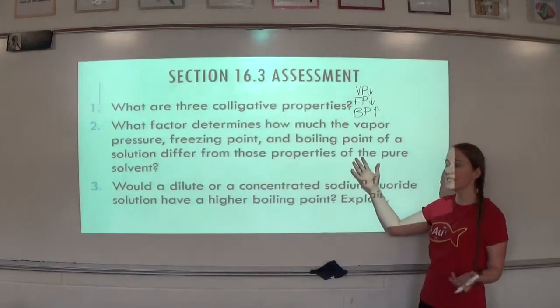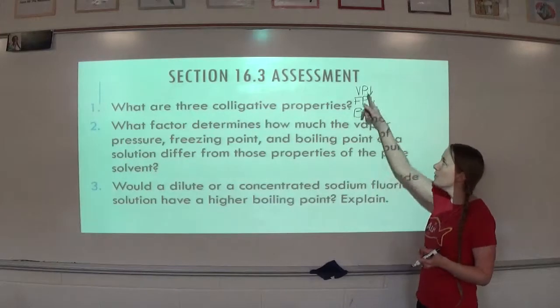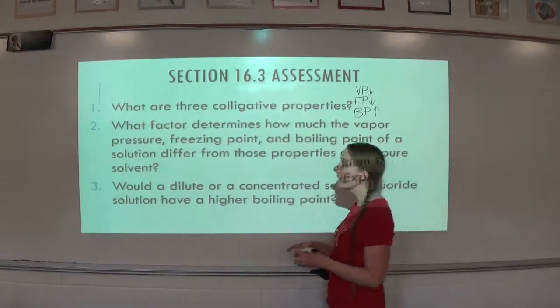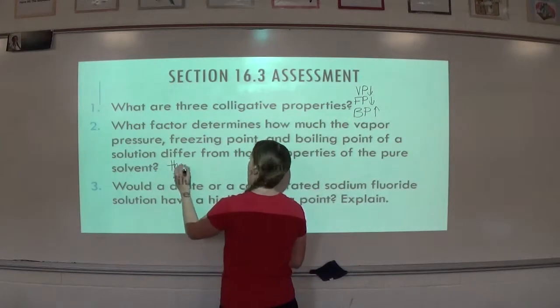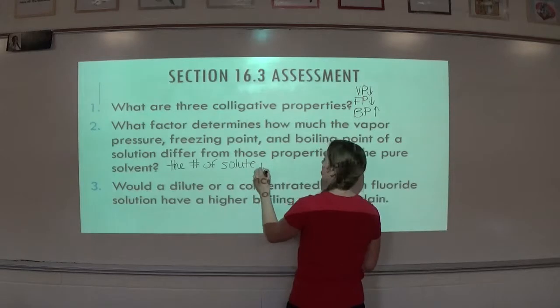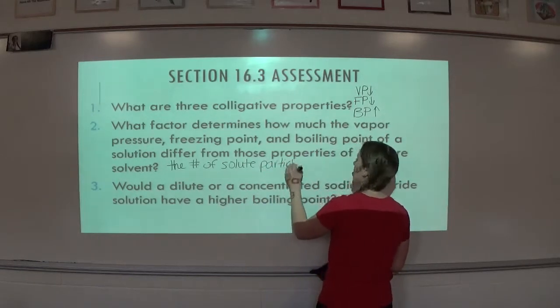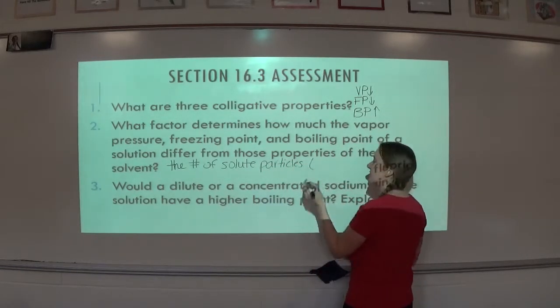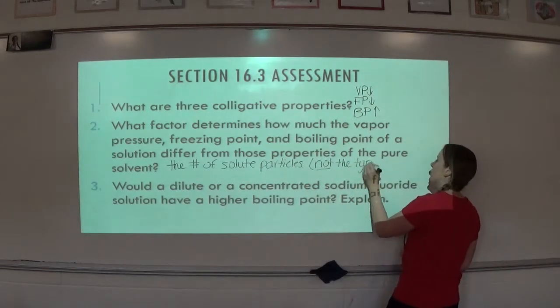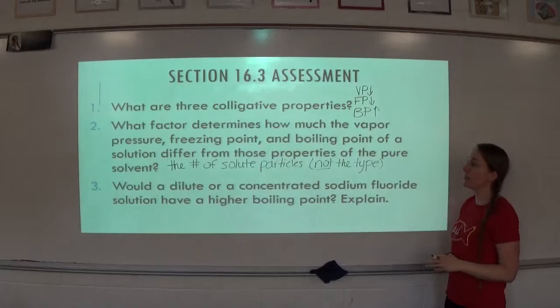So in other words, what determines how much lower vapor pressure is or how much higher boiling point is? Well, remember, it's not the type of particles, it's the number. The number of solute particles. And then I would just maybe put in parentheses next to that, not the type. Like, we don't care what they are, we just care how many we have. So the number, not the type.